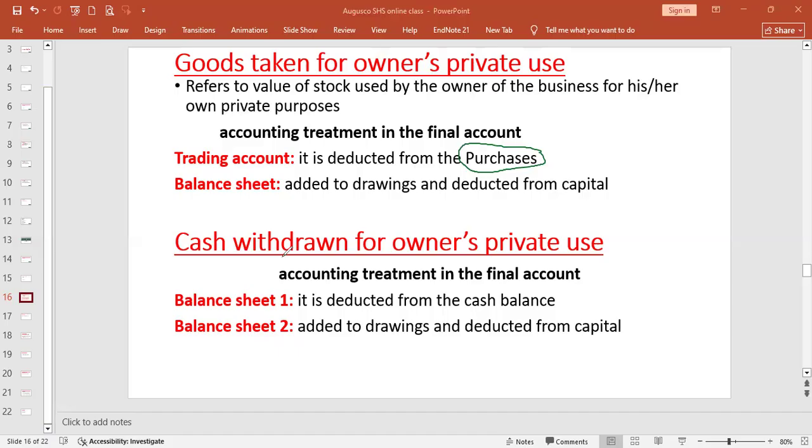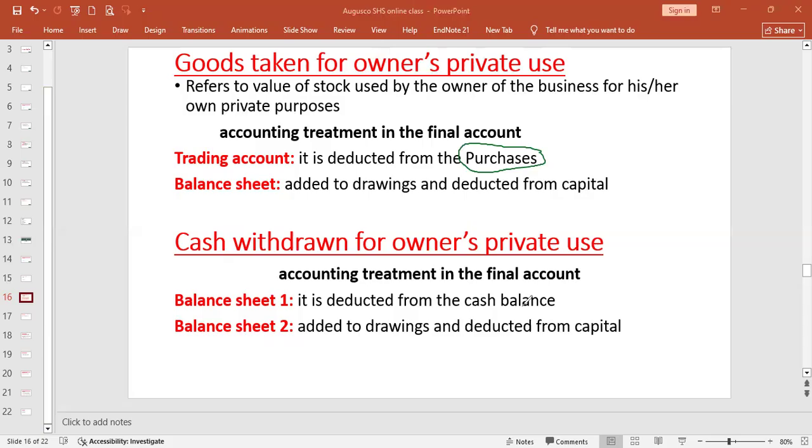The owner goes into the account and withdraws cash of, say, 500,000 Ghana cedis for his or her private use. So what is going to happen, even before we go into the adjustment, is that the business cash is going to decrease because the owner has taken something out. In that case, you would have to deduct it from the cash balance.